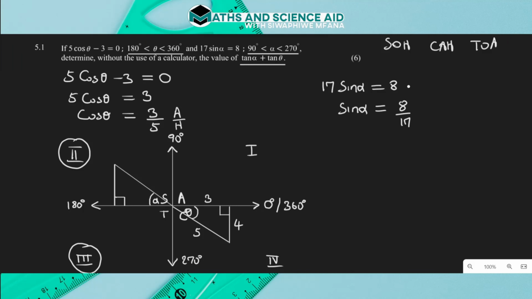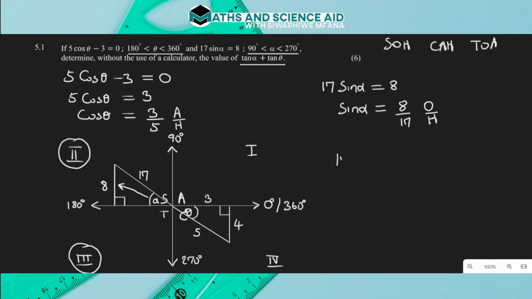And now we know that the sine is equal to the opposite over the hypotenuse. So the side that is opposite our angle of alpha here, there it is. So this side will be equal to 8. And obviously, this is the hypotenuse side, so it will be 17. And now we need to work out the adjacent side. And we can just quickly apply the Pythagoras theorem.